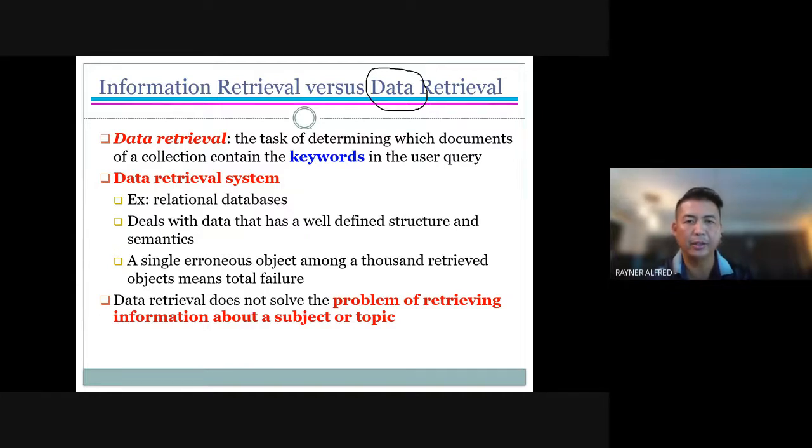But in information retrieval, we are focusing more on the keyword, and we are looking at the relevancy or degree of relevance of that particular document based on the keyword that you key in. So that is the difference between data retrieval from a database and data retrieval from the information retrieval area.